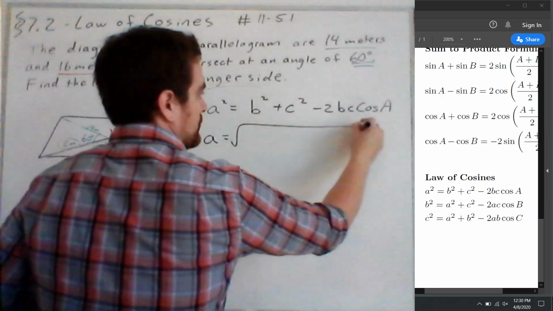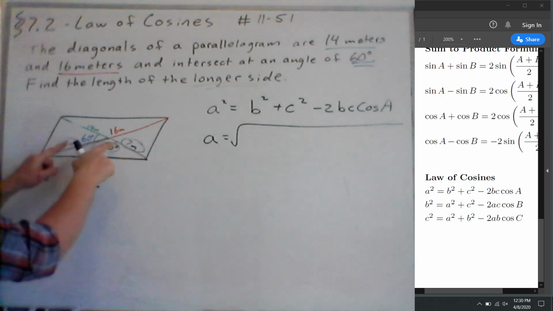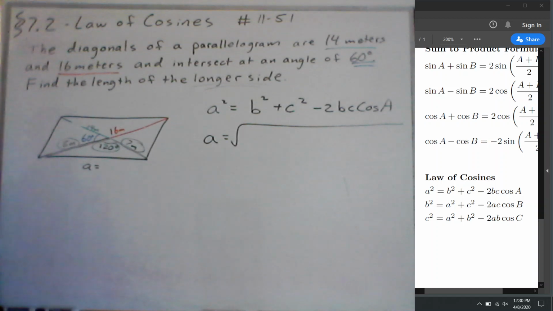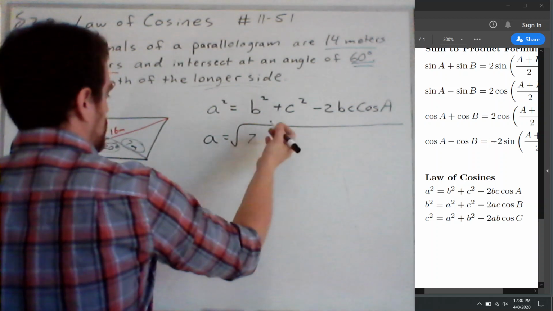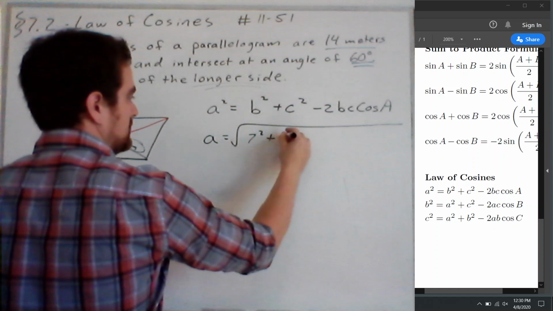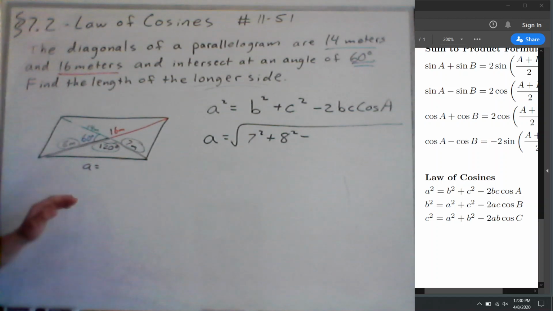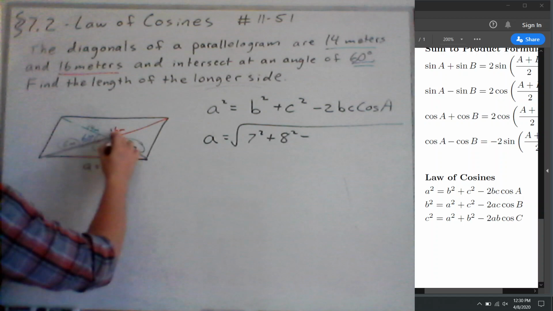Again, I'm just going to go right for the square root since we need to do it anyway. Now we've got B and C. It doesn't really matter which ones you call B or which ones you call C. Those are interchangeable. So I'm just going to say B is the smaller one, 7 squared, plus C is the larger one, 8 squared. Notice I'm not using the 14 and the 16 and squaring them, because this is the full side 14. That's the full side 16.